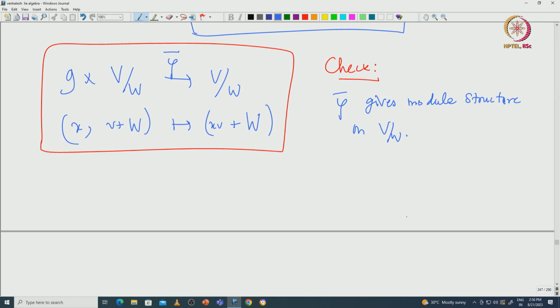So, now with this we actually have our factor module or the quotient module. Now you can easily prove the expected isomorphism theorems.